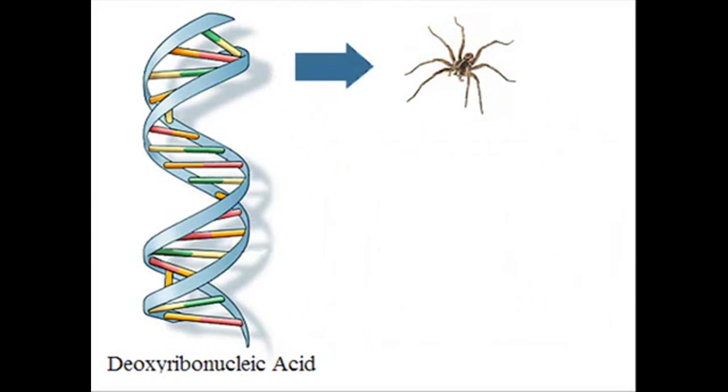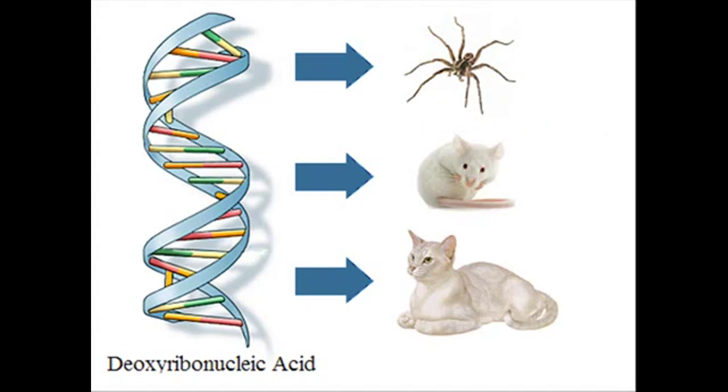It is the information of the genome of a spider, for example, that produces a spider. It is the information in the genome of a mouse which produces the structural design of a mouse, and much of its biochemistry. Likewise, the same is true of a cat and all other kinds of life.